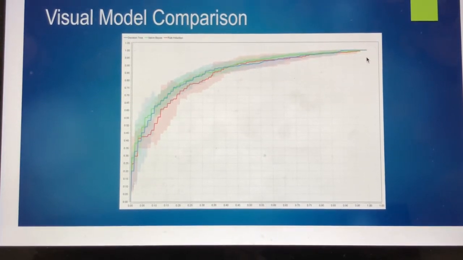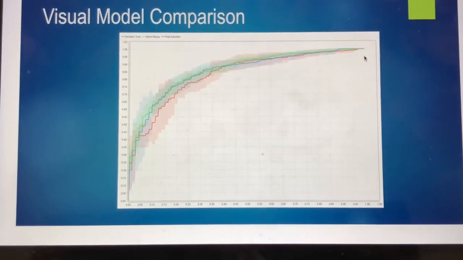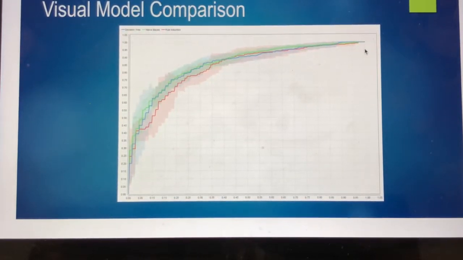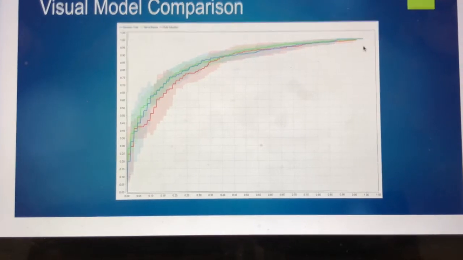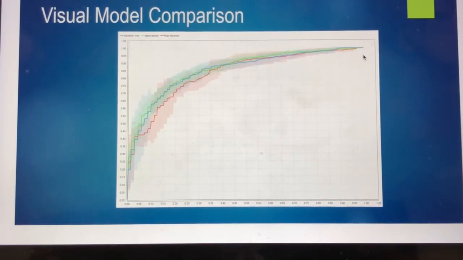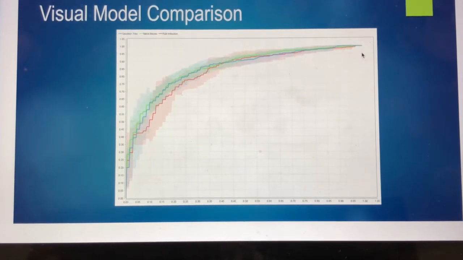And from the graph, we can see that the three schemes share similar accuracy in predicting the business. And next, I will hand over to Yao.